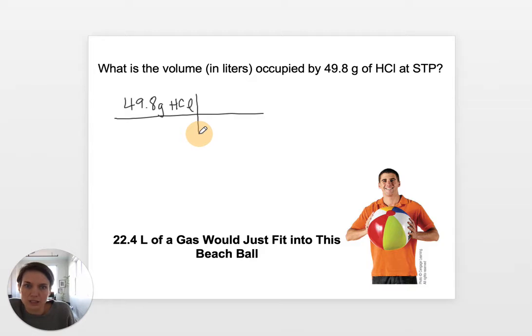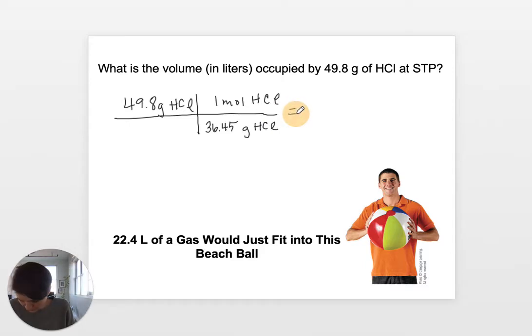We know chlorine is 35.45, so that would be 36.45 grams of HCl in 1 mole of HCl. Let's plug that into our calculators and see what we get. I'm only doing this on the video so that you have time to do it at home. Yeah, 1.37 moles of HCl.